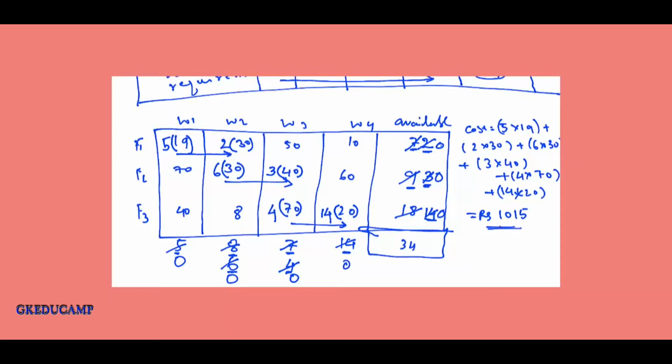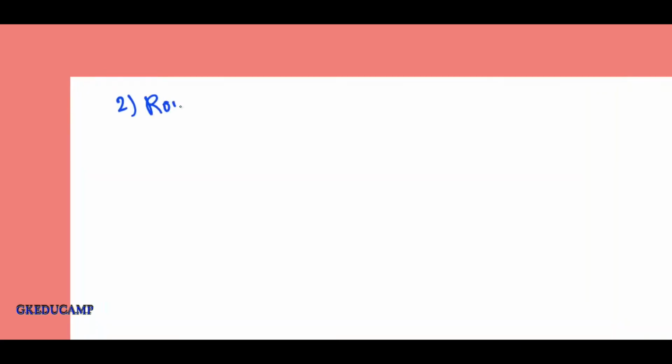And next one is the row minimum method. I will take the same problem as an example and solve it through the row minimum method. Second one, row minimum method.